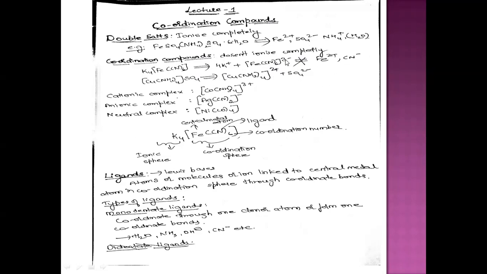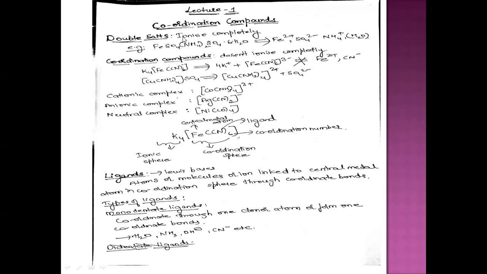So there is no complete ionization. In complete ionization, potassium should come out, iron should come out as Fe3+, and cyanide should come out as CN-. That is not the case here. The atoms inside the coordination sphere are intact. They have not dissociated further.